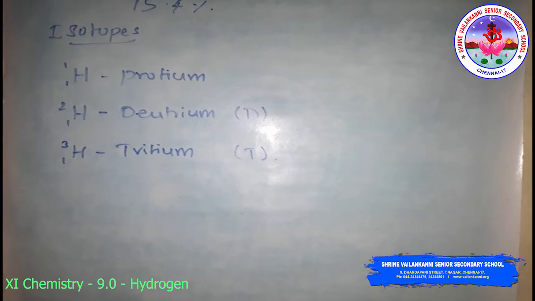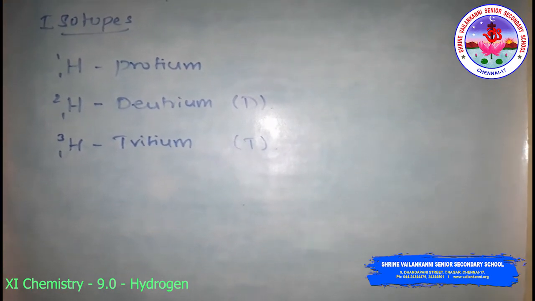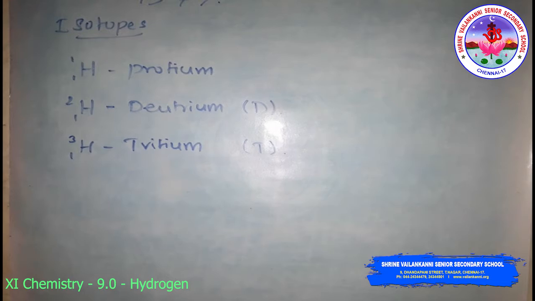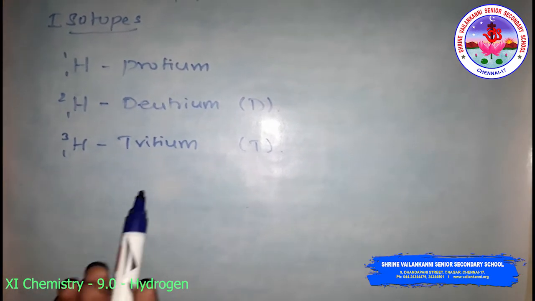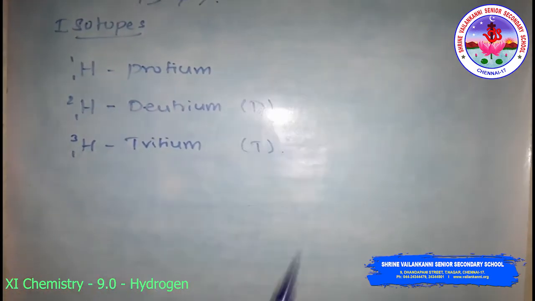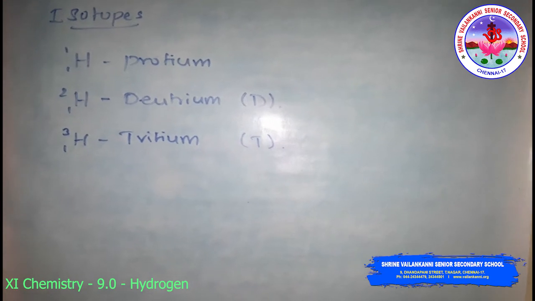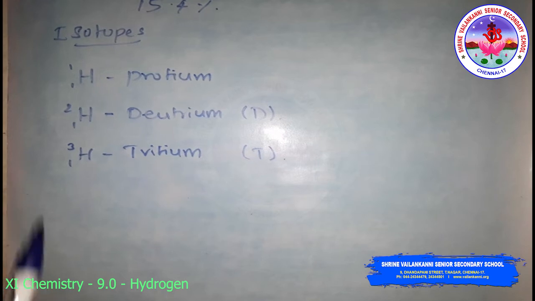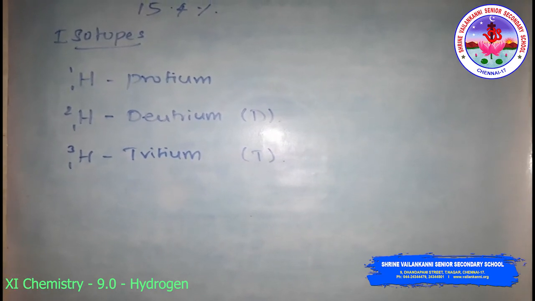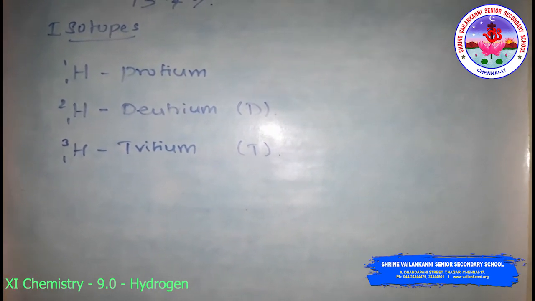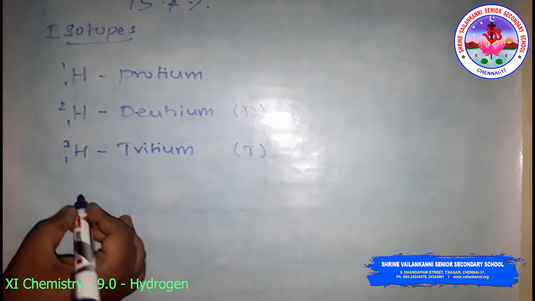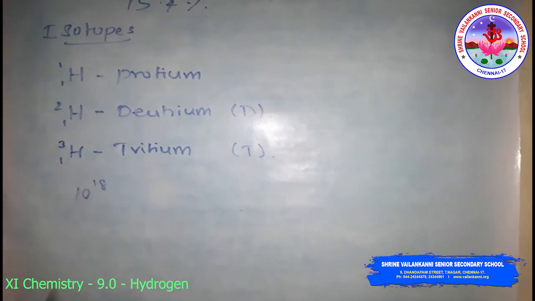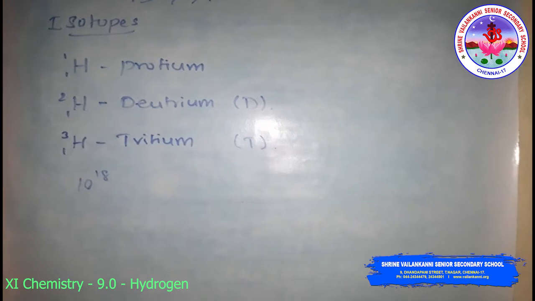The predominant form is protium. Terrestrial hydrogen contains usually 0.0156 percent of deuterium, mostly in the form of HD, that is hydrogen deuteride. The tritium concentration is about 1 atom per 10 power 18 atoms of protium.